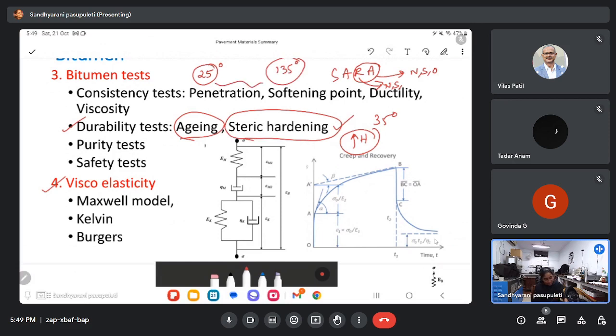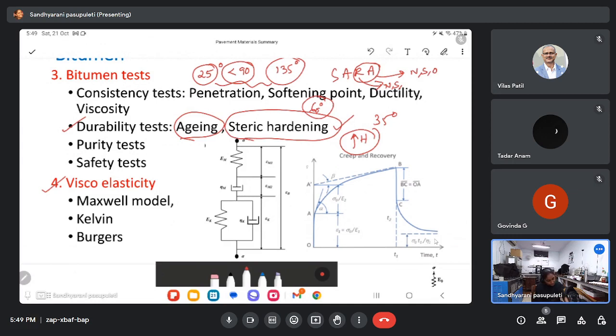In between, in the 25 to 90 degree range, is where we compact the asphalt mixture in the field, and also the 60 degree summer temperature. These are the temperatures at which bitumen behaves with both viscous and elastic nature.